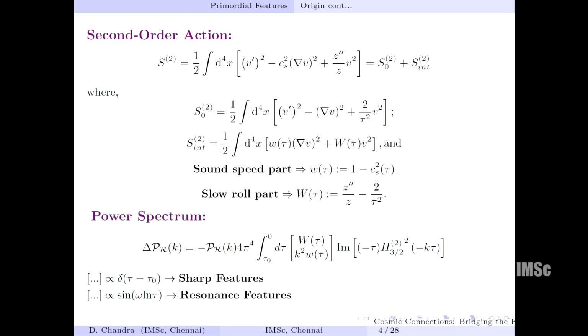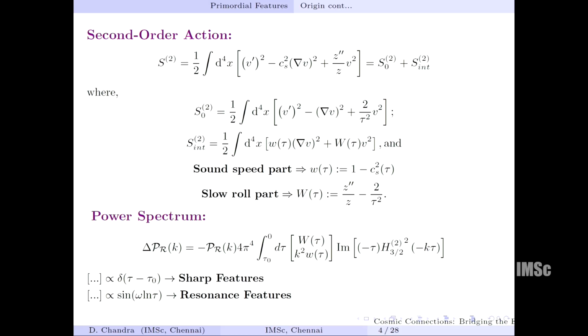Now let us try to understand this in a mathematical way. The curvature perturbations are dictated by the second order perturbation of the action. In the most relevant context, we can express that second order perturbation in this form, where the dynamical behavior of the curvature perturbations is captured within the parameters Cs and z double prime by z. For the single field slow-roll model, Cs becomes 1 and z double prime by z becomes 2 by tau square.